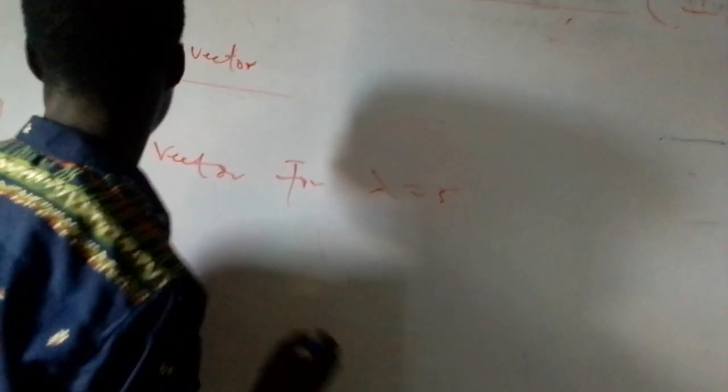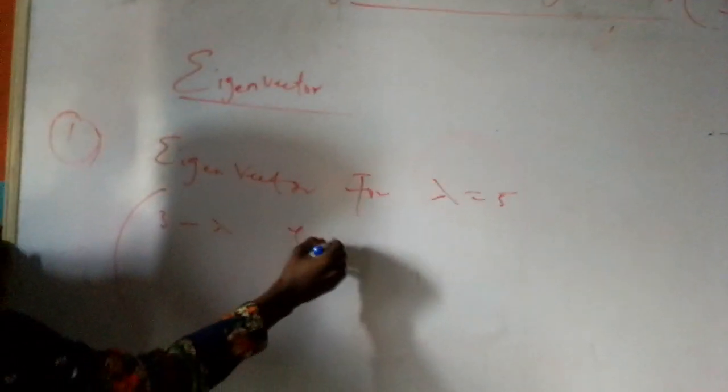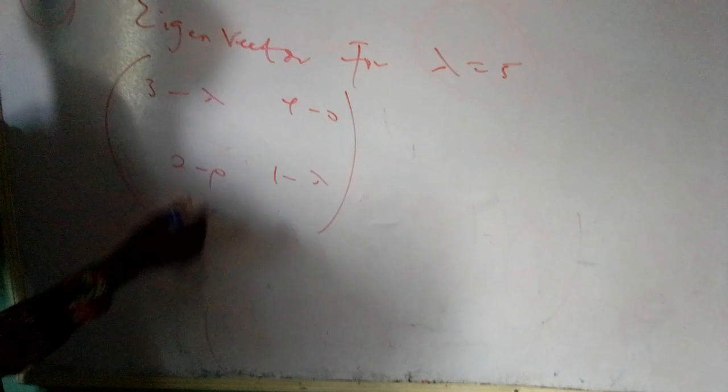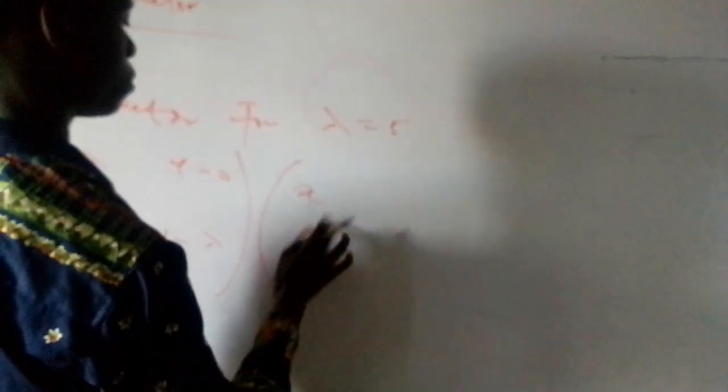The eigenvector for lambda equals 5 is going to be found using the same method and the same procedure. We have 3 minus lambda, 4, 2, 1 minus lambda, times x1, x2 equals 0.